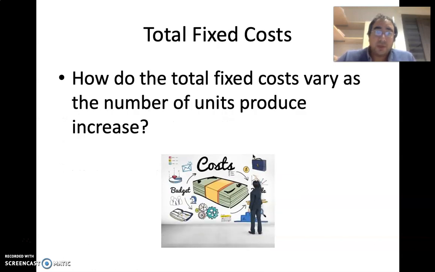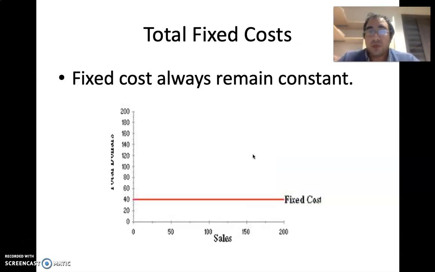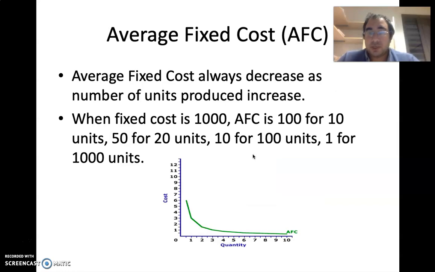So fixed costs are constant. Basically, total fixed costs don't vary with, they're not related to, the quantity we produce. They stay constant however much we produce, which means average fixed costs are always decreasing when you produce more. If fixed cost is 1,000, for example, and you produce 1 unit, then average fixed cost will be 1,000 over 1, which is 1,000.